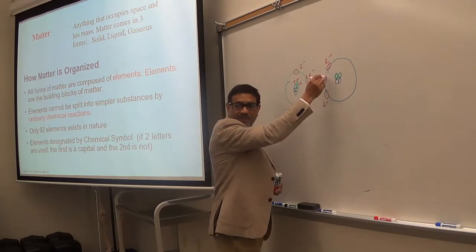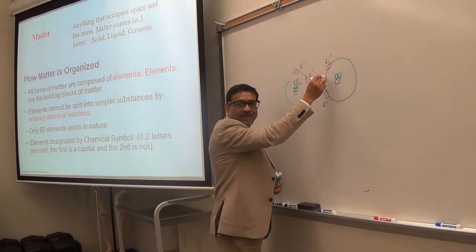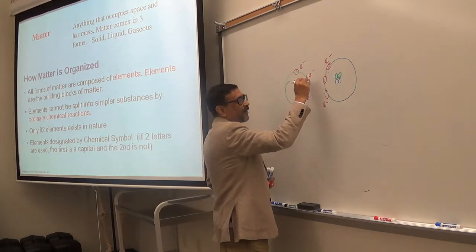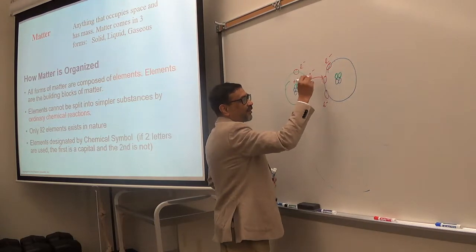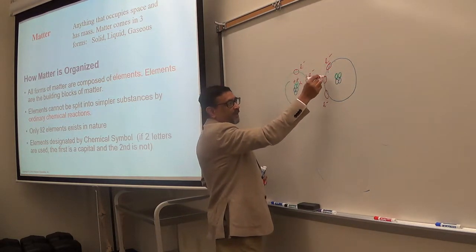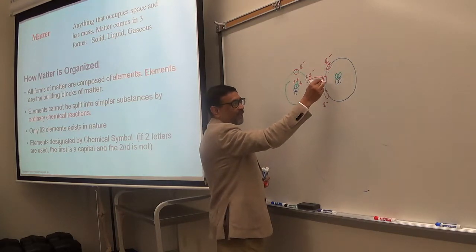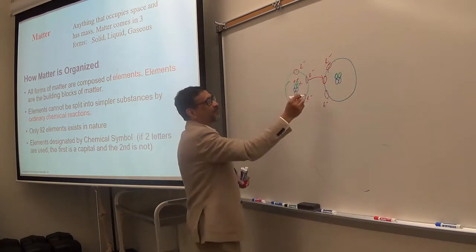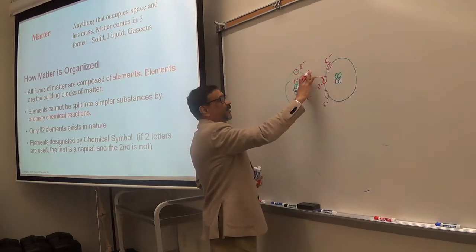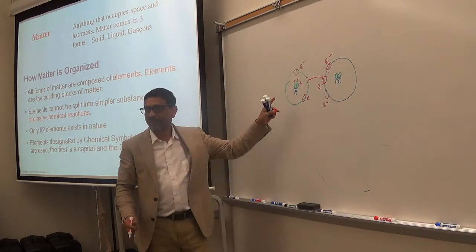Now you tell me, when these 2 atoms come close to each other, since this one has an empty spot, an empty seat, what might happen? This 1 electron from here can jump there. So it will leave this atom and go to the valence shell of this atom. If that happens, this one has lost an electron, right?